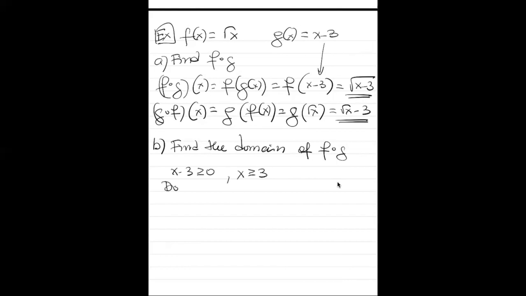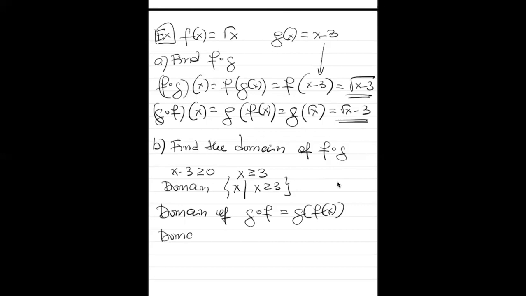So the domain is all x such that x is greater or equal than 3. Then find the domain of the composition of g and f, which was g of f of x, and we already calculated it. The domain of f is x greater or equal than 0, because f of x was the square root of x.